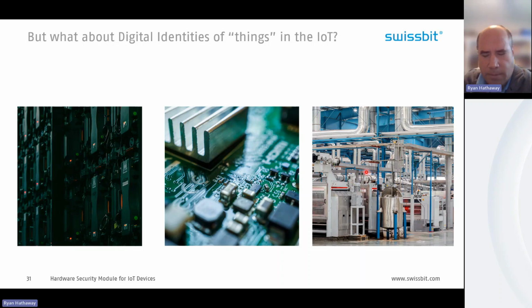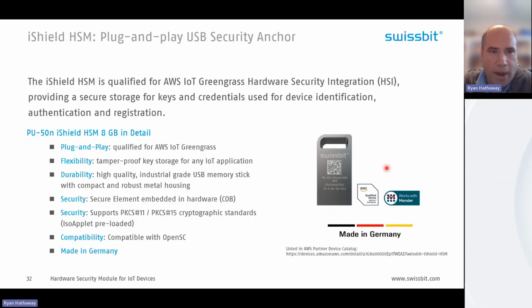When somebody at home is trying to access an industrial line using their laptop, that laptop most likely has been paired and verified. It has a digital identity that is allowed access to these sensors or controls. The way to protect that access is through a hardware security module, or HSM.